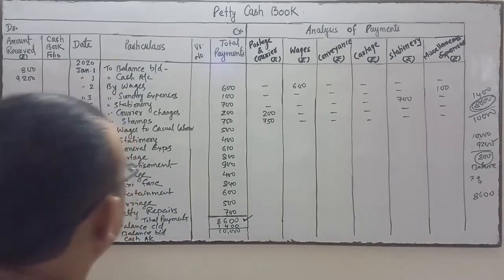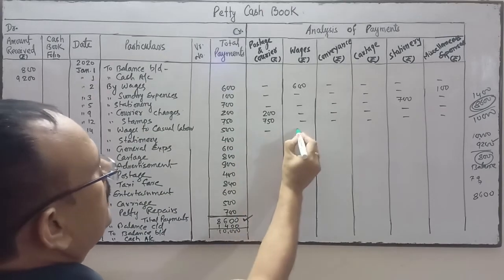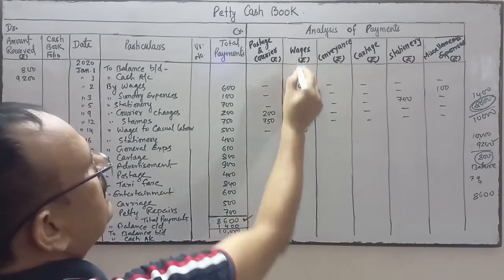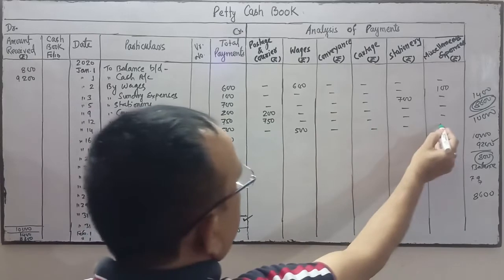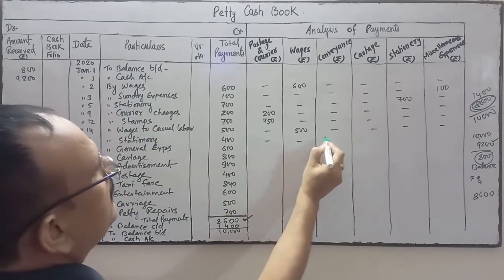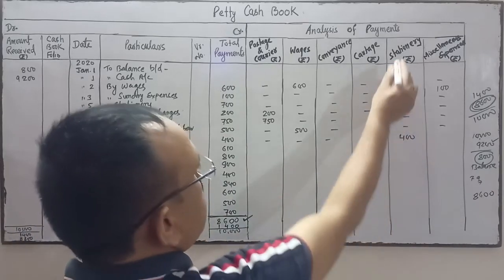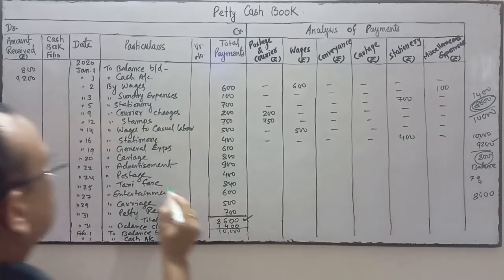Next is wages to casual. There is a separate column for wages. This one is wages, the rest of the columns dash. Now coming to stationery, it will come under the specific column, 400, stationery. This is for the stationery item.